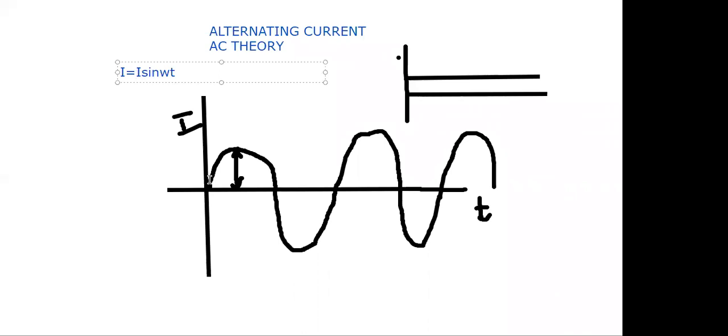Now the I naught is the peak current. So if you consider this peak, then the peak current here is the I naught, and it changes with respect to time. That's why we have the omega t.